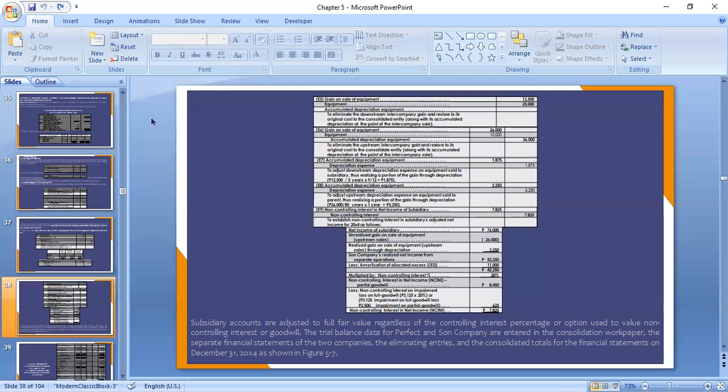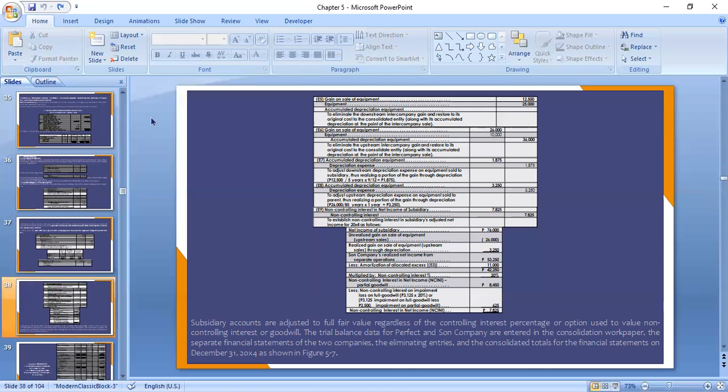So we have now the computations for the non-controlling interest in net income of subsidiary. We now have the computation of net income of subsidiary. Then we have to deduct the unrealized gain on sale of equipment. We add the realized gain.